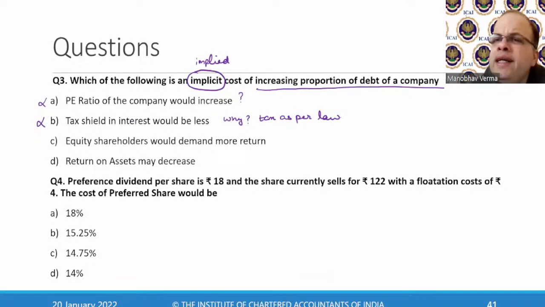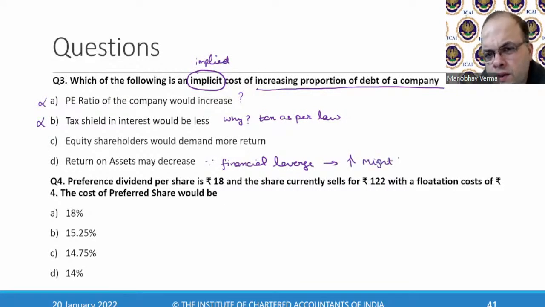Yes, again, the point is, if my proportion of debt is increased, why am I saying my return on assets may decrease? Probably because of the financial leverage. My overall return might go up also, because I am increasing the debt proportion.